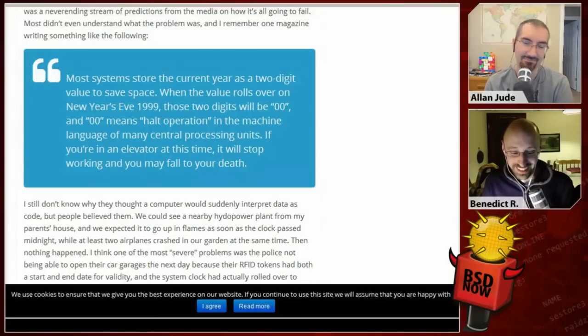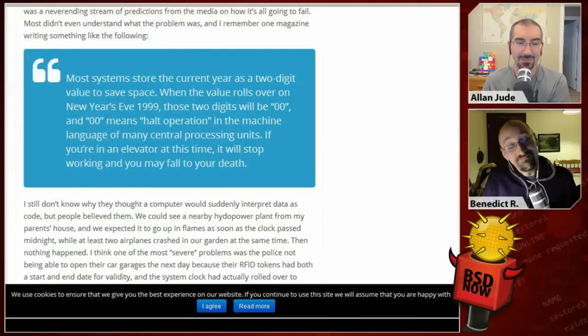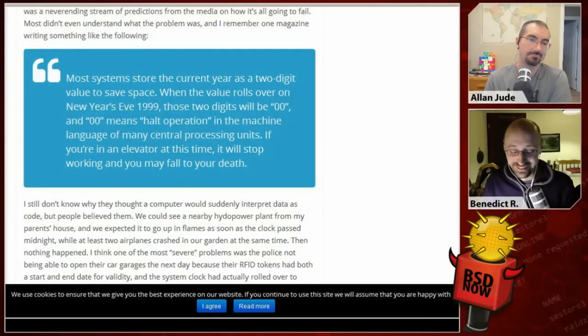But then nothing happened. I think one of the most severe problems was that the police were not able to open their car garages the next day because their RFID tokens had both a start and an end date for validity, and the system clock had actually rolled over to 1900, so the tokens weren't valid yet. But just have to wait a couple of years. Yeah, but that was 17 years ago now.